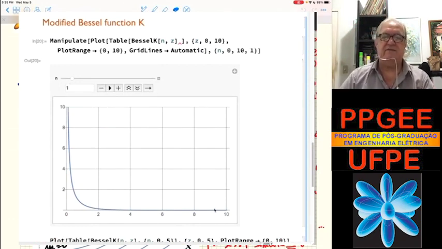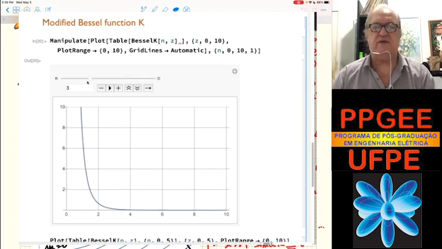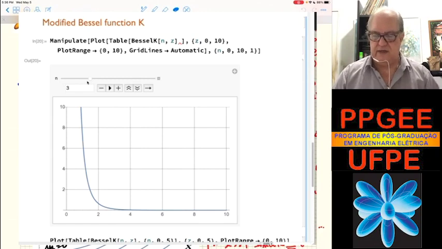Well behaved for large x and divergent for small x. They go even further, larger at the origin as you go to higher indices. So they just look like traditional increasing and decreasing exponentials, right?